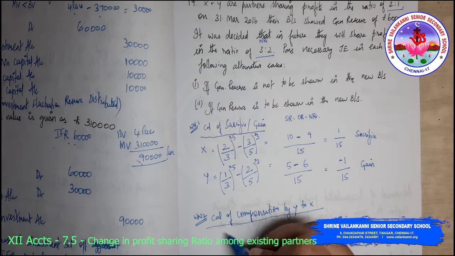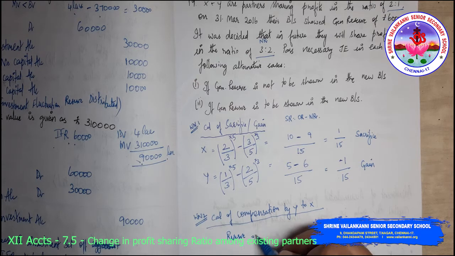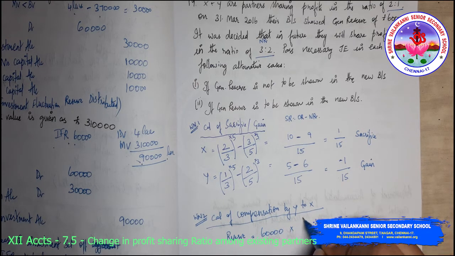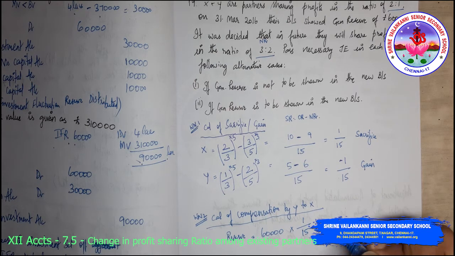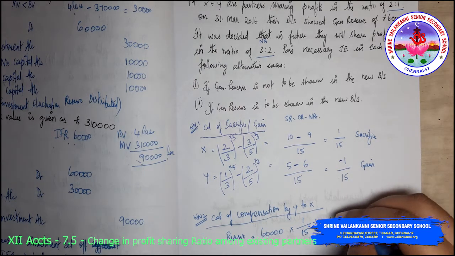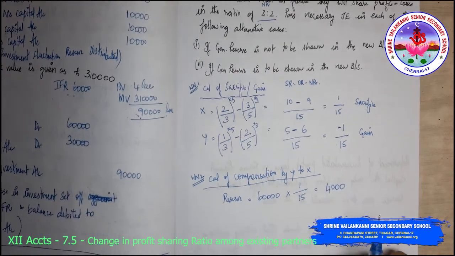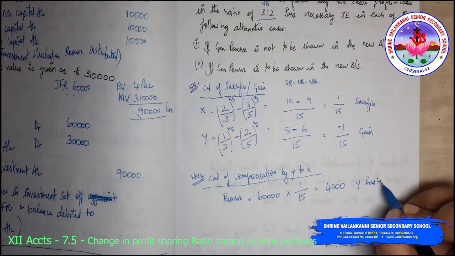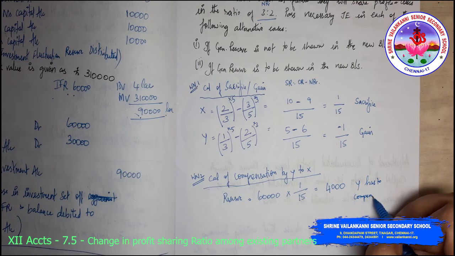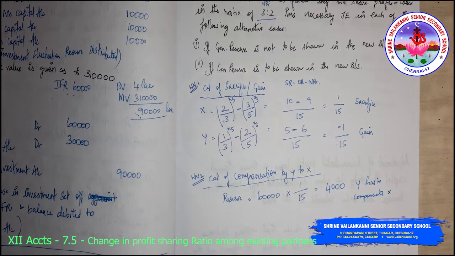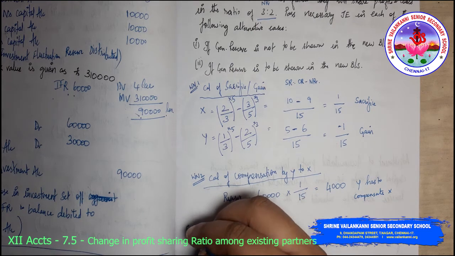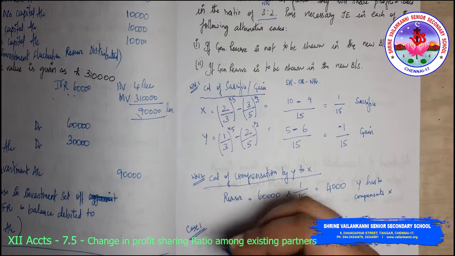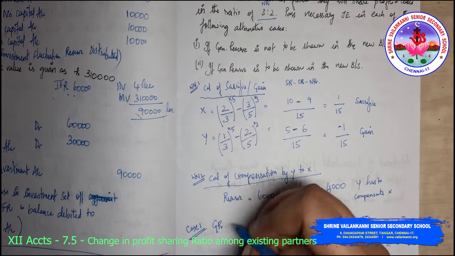The amount of compensation: the reserve is 60,000 into 1 by 15. So if I am doing 1 by 15, I am getting 4,000. So Y has to compensate X.